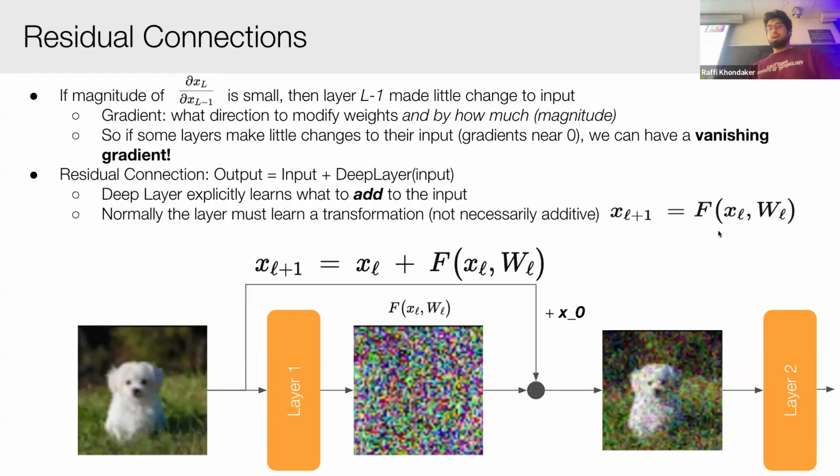What residual connections do is rephrase this so that the next intermediate value is a sum. It's not just some function; it's a sum of the inputs plus whatever changes we made to the input. So it's an additive change. This is pretty significant, because we're now learning the difference between the inputs and the outputs.